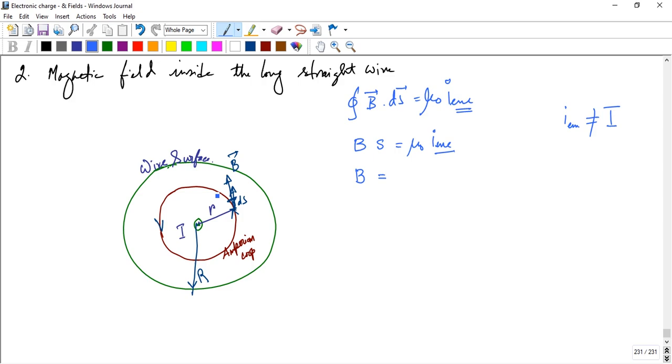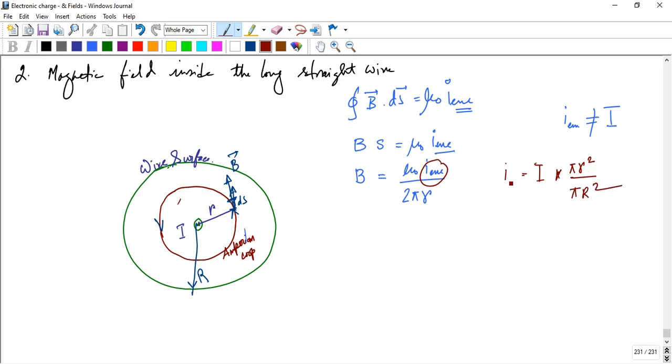Okay, so here B equals mu 0 I enclosed by s, and s here means the circumference of that Amperian loop, which is 2 pi small r. So B equals mu 0 I enclosed by 2 pi r. I enclosed is the part of the current enclosed by the surface. So what is I enclosed? Total current I times the area ratio: the surface area pi small r square by pi capital R square.